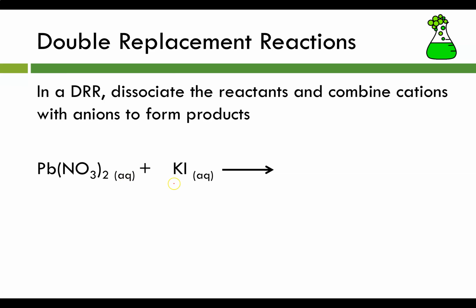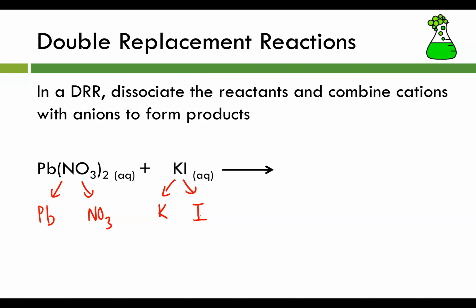You're being told that they're both aqueous to begin with. First order of business is to dissociate the reactants. I'm just going to draw these little arrows. I know I'm going to make lead ions, and I'm going to make nitrate ions. And with potassium iodide, I'll make potassium and iodide ions.